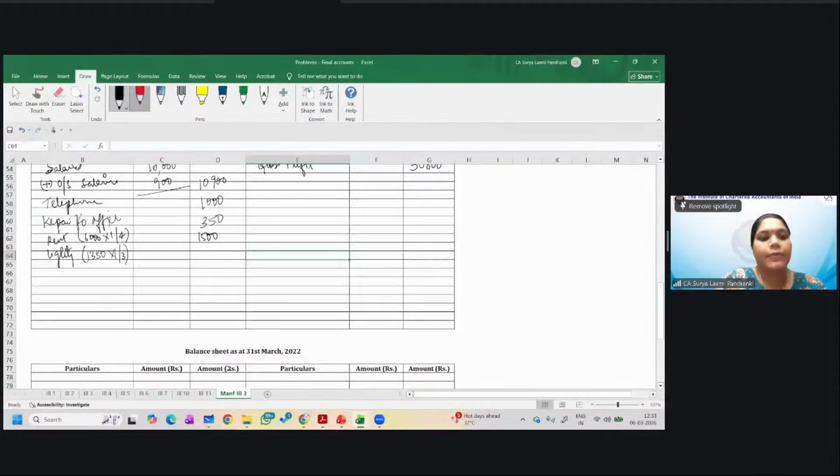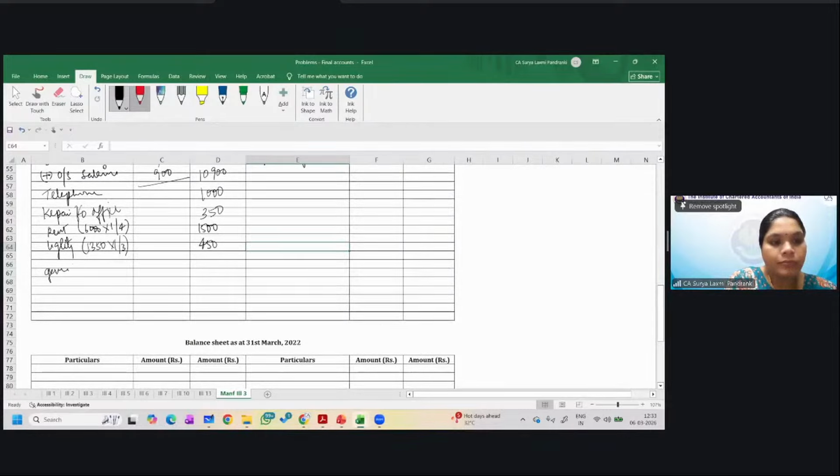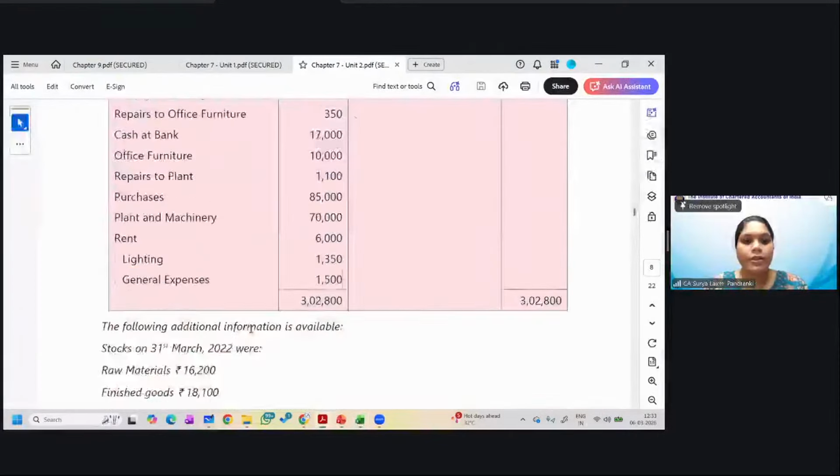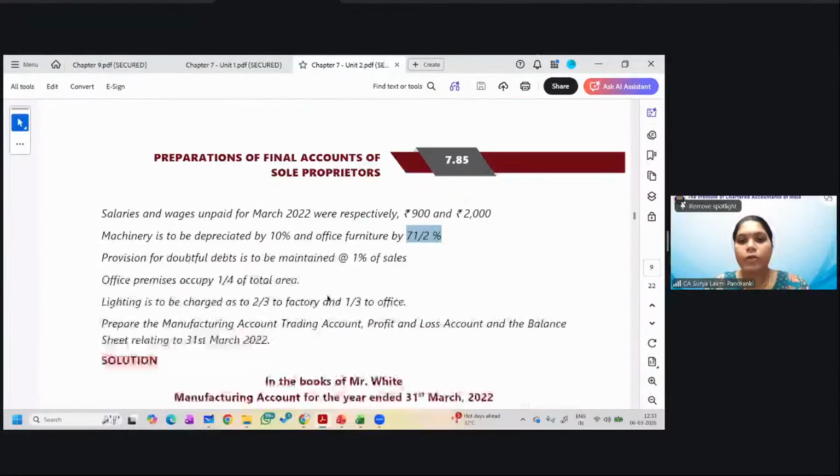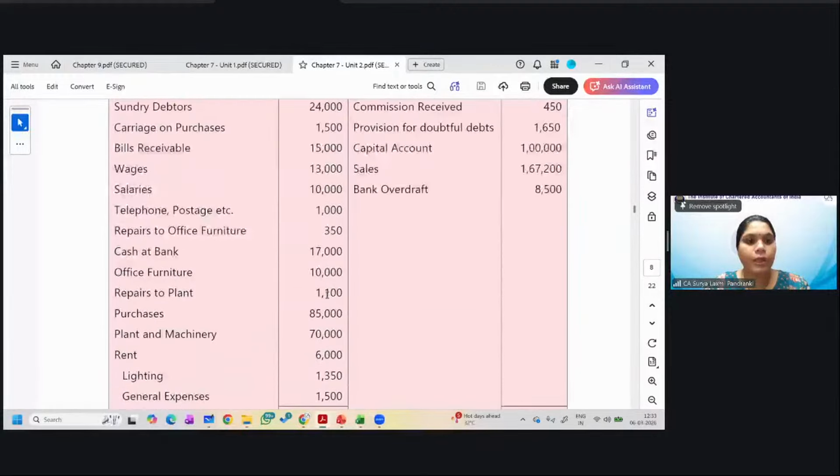And general expenses there, 1,500. And we should take depreciation also. Depreciation is how much? They told it is 7.5% on office furniture, right? How much is the office furniture? 10,000.